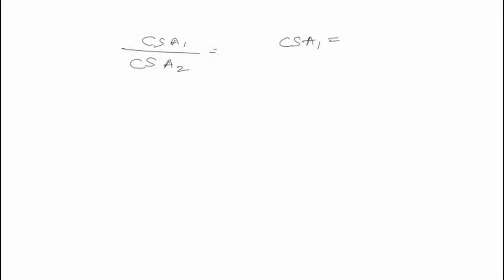CSA1 is 2 times CSA2, no? Yes, ma'am. So CSA1 by CSA2 is 2 by 1. Correct? Ma'am, is it right? 2 times CSA1 equal to CSA2.